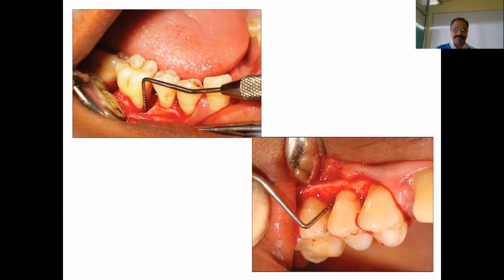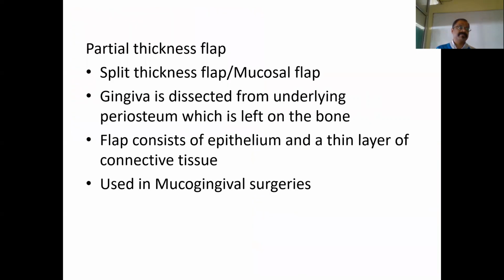Okay, right? So let's go to the second type, that is your partial thickness flap. The partial thickness flap is also called a split thickness flap, or a mucosal flap. Now, as I said, for a full thickness flap you place the incisions with your scalpel, but you reflect it with your periosteal elevator.